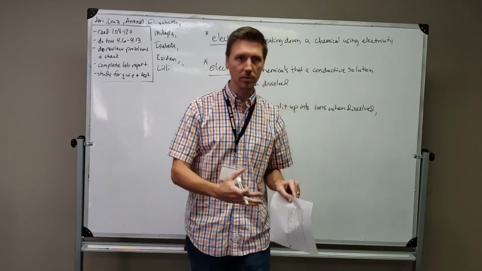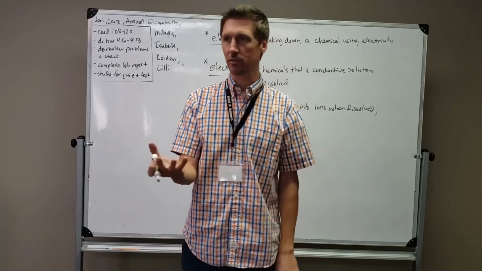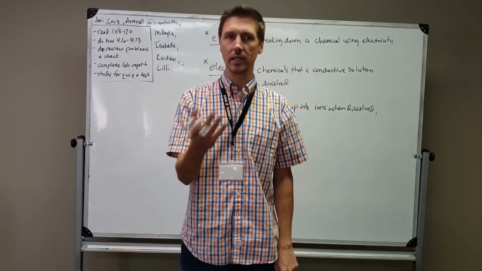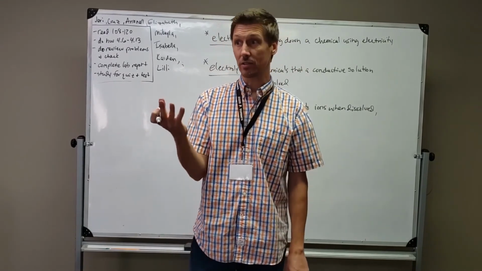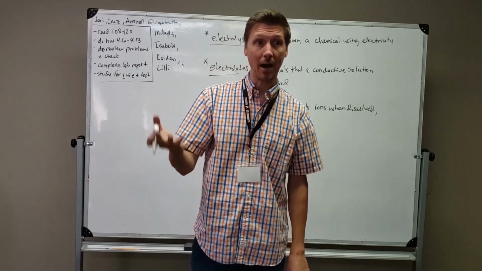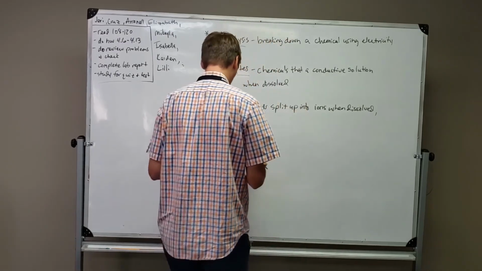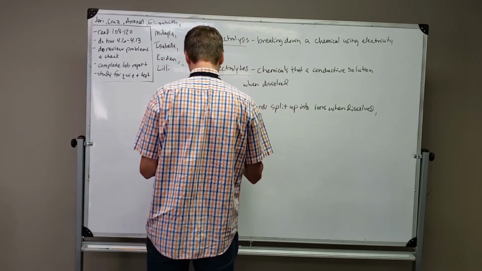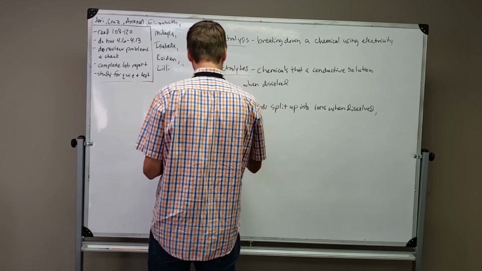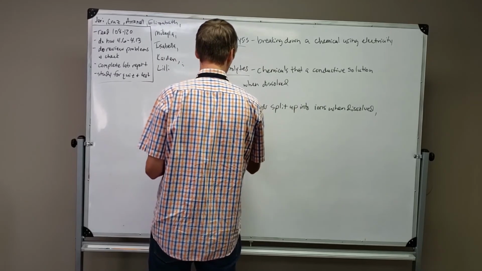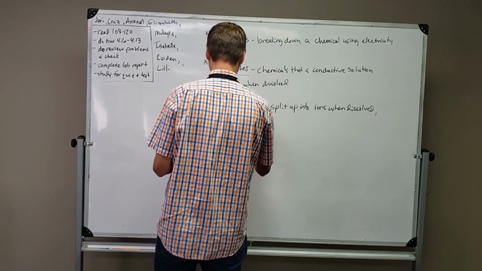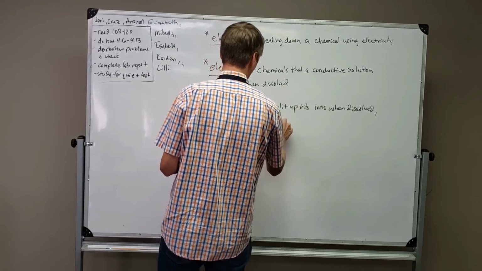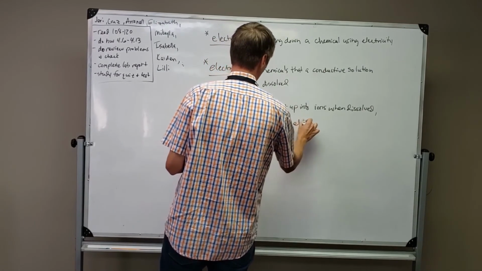They're atoms or groups of atoms that carry an electrical charge, right? The Na, when it became Na+, now it's not just a sodium atom, it's a sodium ion. So it's an atom with an electrical charge. So because ionic compounds split up into ions when they're dissolved, the solution will conduct electricity.